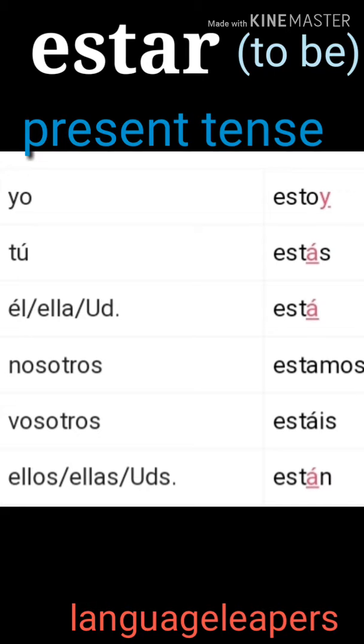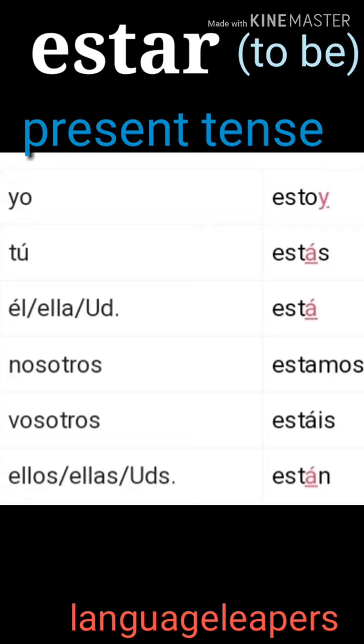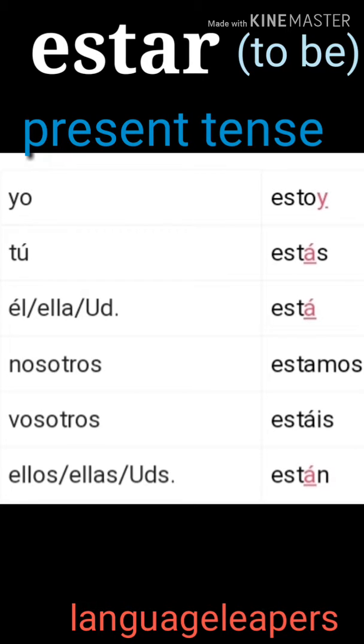This is the present tense, which means yo estoy equals I am, tú estás equals you are in the informal form. Then you have él, which means he, ella, which is she, and usted, which means you in the formal form. And for this mode of estar, we use está.